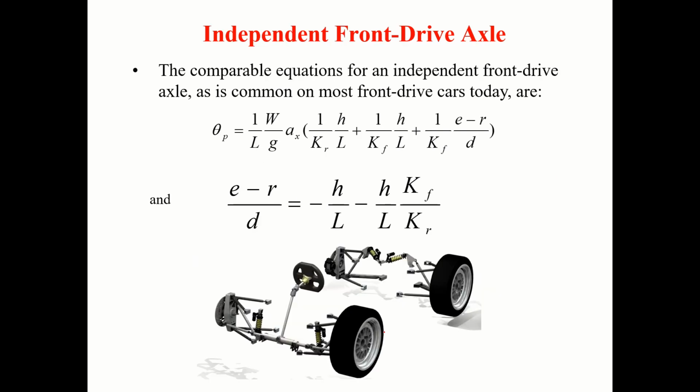Right. If an independent suspension is considered, then we have to consider the radius of the wheel, so E minus R by D minus H by L. This is the kind of equation you get for independent suspension.